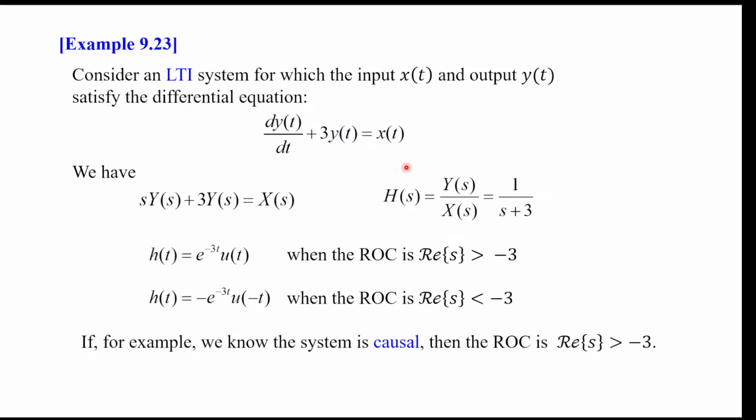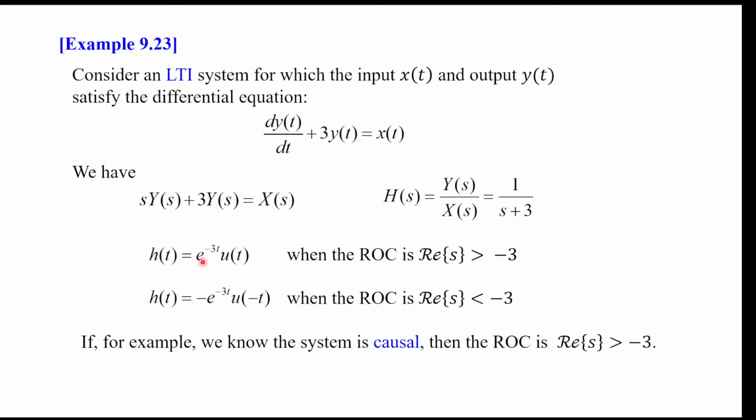Now, as we said, this differential equation itself, together with LTI, only tells you the algebraic part of big H(s). It has a pole at -3, and it has two possible ROCs. You can have an ROC to the right side of this pole or an ROC to the left side of this pole.